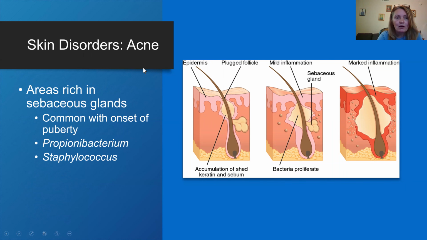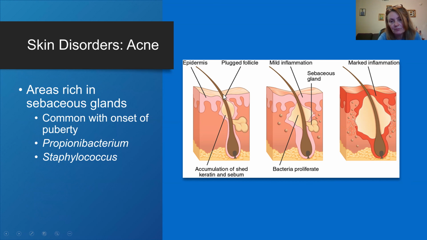Acne. It's in the area of the skin that is rich in sebaceous glands or oil glands, and very common with the onset of puberty. So what happens? You see how here the hair is growing, and that's the hair follicle.